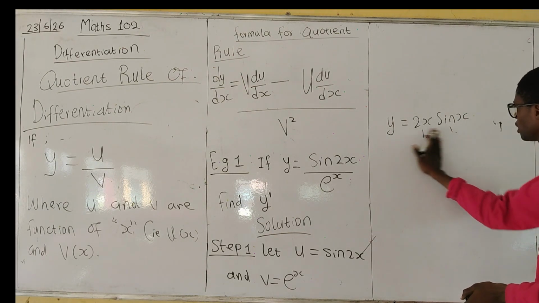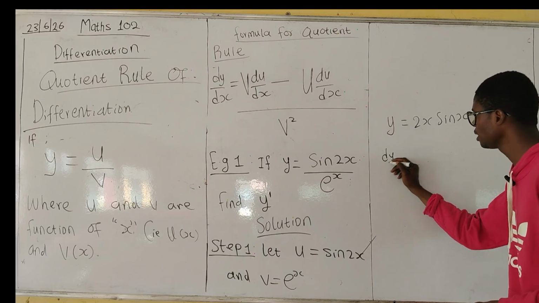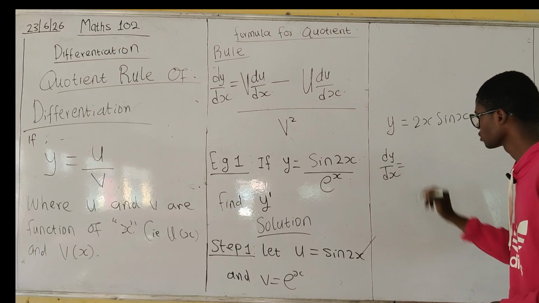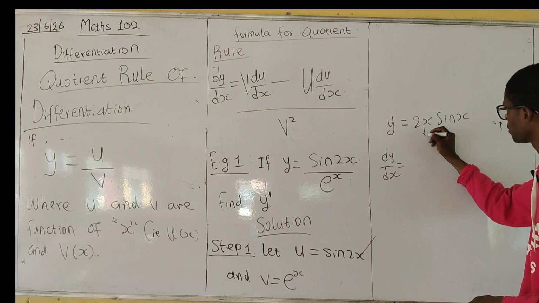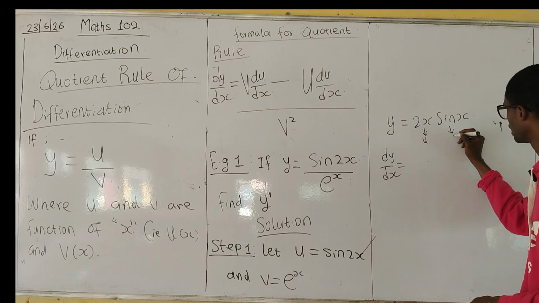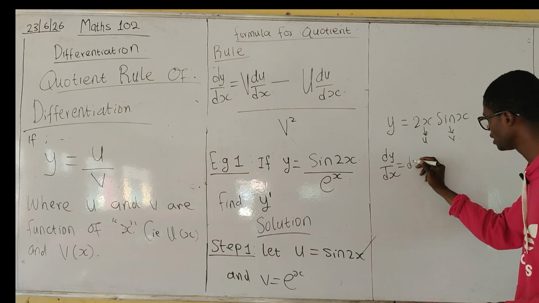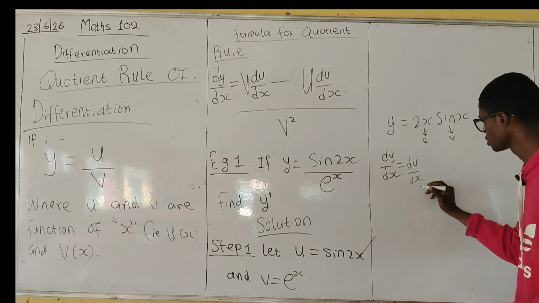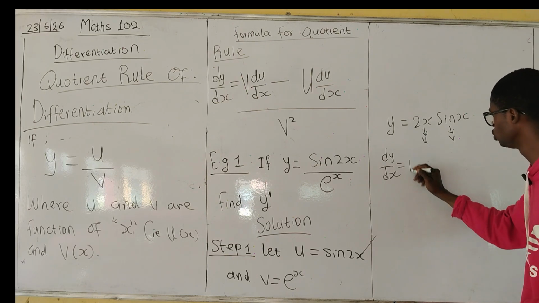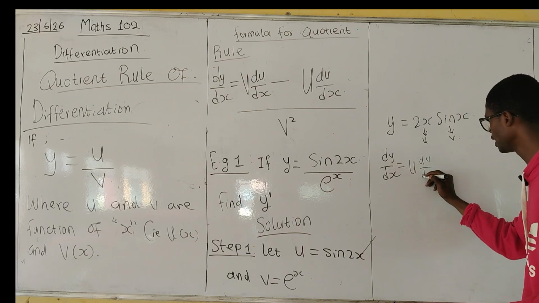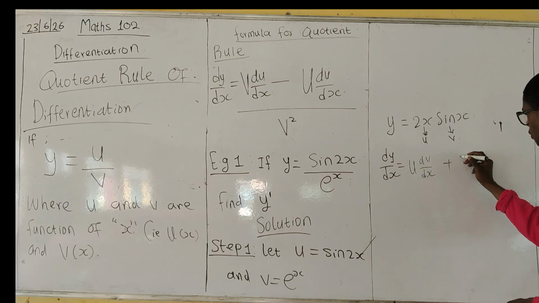Let's work it out. Now, if I say dy/dx, and I'm looking at it from the perspective of u and v, what will it be? The formula is first u dv/dx plus v du/dx.